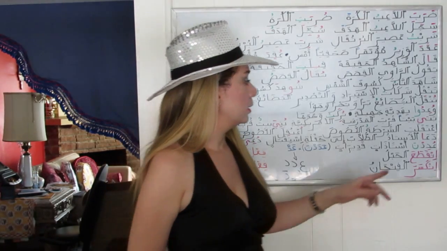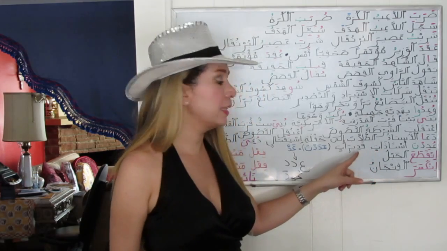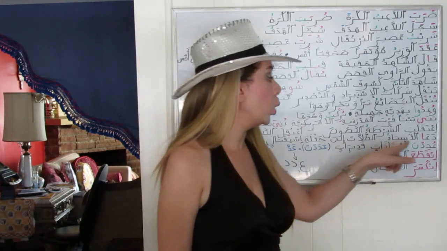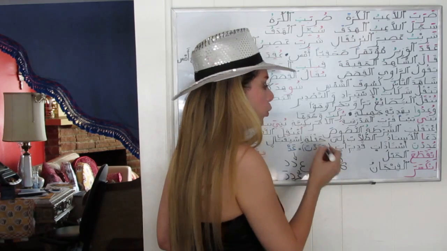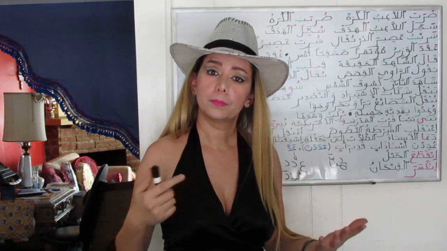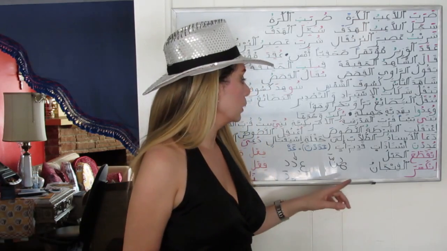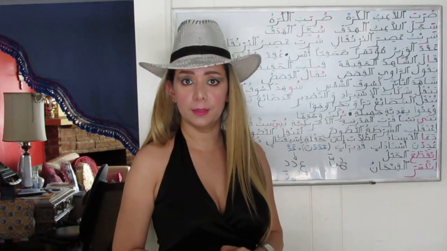Alright. So here, with this example: عُدِدْنَ أُسْتَاذَاتٍ قَدِيرَاتٍ. هُنَّ, the third person feminine plural. هن عُدِدْنَ أُسْتَاذَاتٍ قَدِيرَاتٍ.